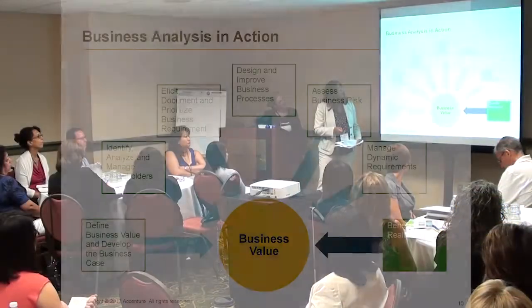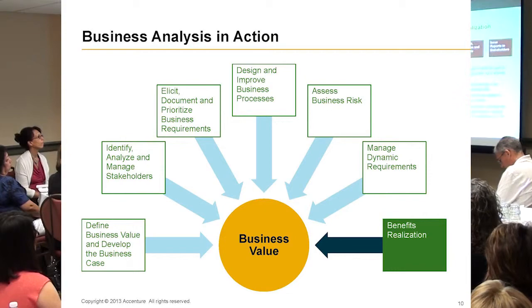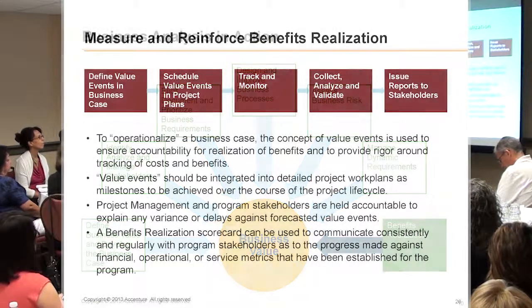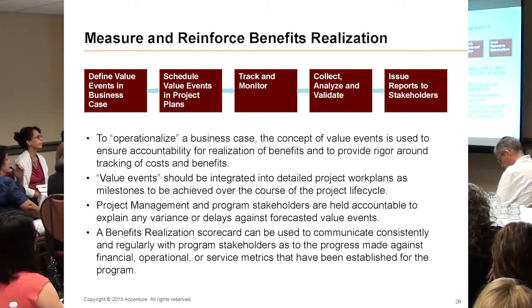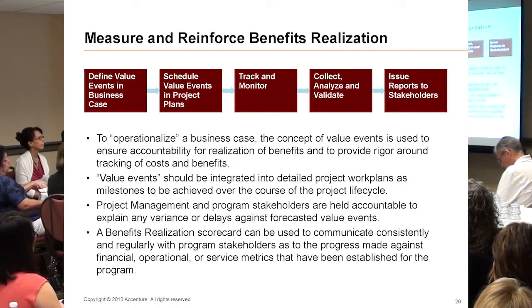Okay, benefits realization. This is simply tracking and measuring how we are doing. I talked earlier about value events, and I want to revisit that and talk about what I mean by it. A value event can be thought of as a trigger. It's something that causes value to occur.